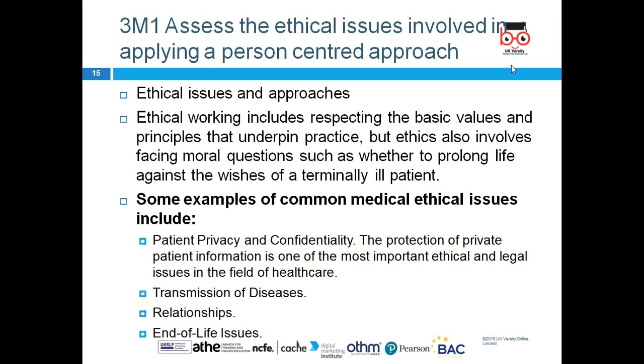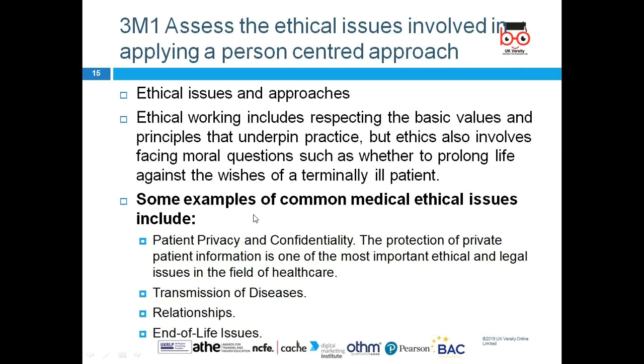Ethics, though, is quite a big thing. It includes facing moral questions, things like, do we need to prolong the life of a terminally ill person, even if they're saying they don't want it to be prolonged? What sort of approaches do you need to take at that moment?